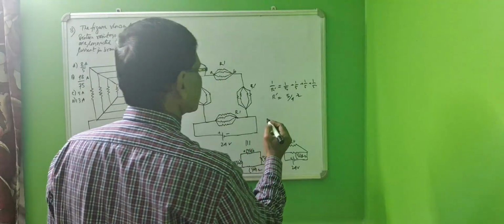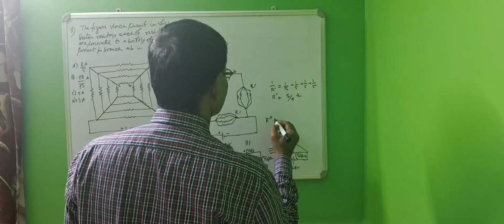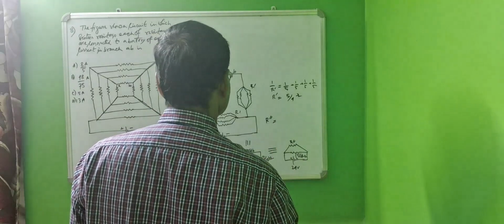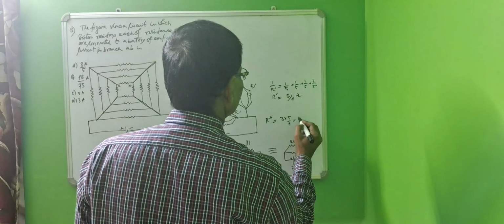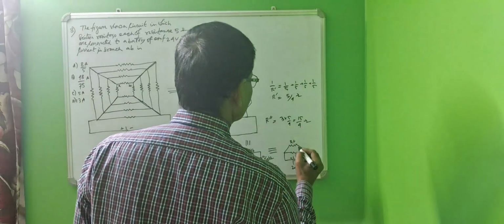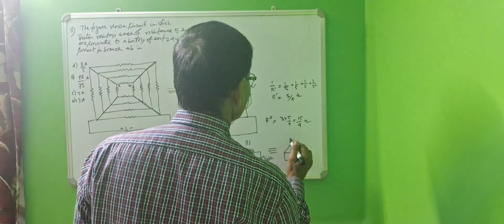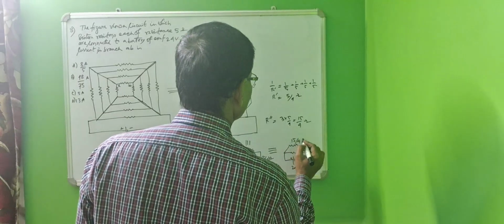These three are in series connection, so R double dash equals to 3 into 5 by 4 equals to 15 by 4 ohm.